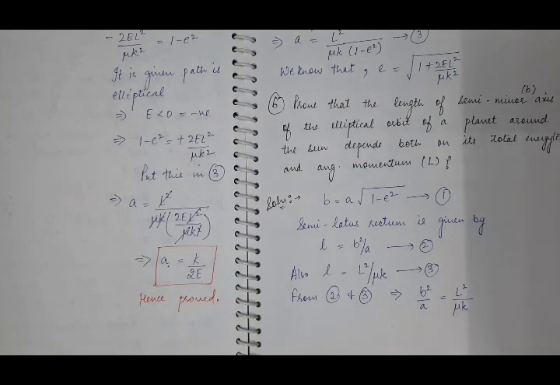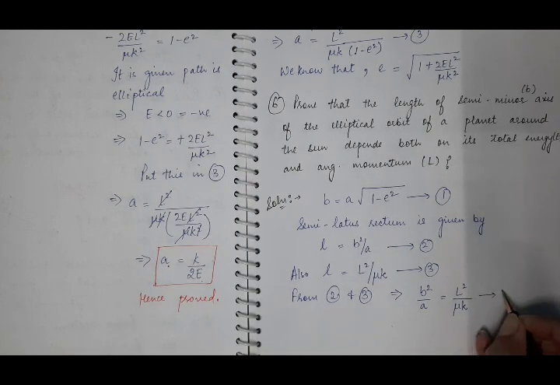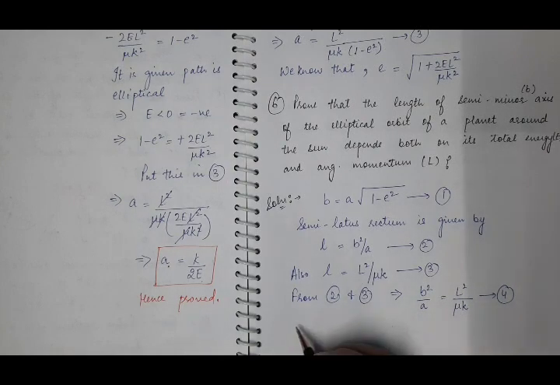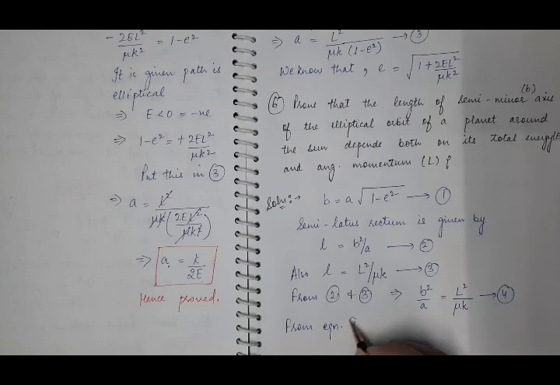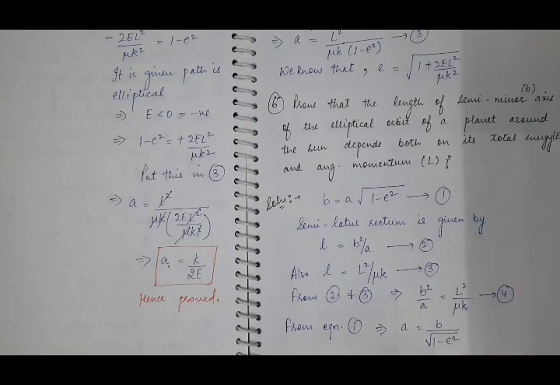So here, as we have to derive the expression for the value of b, it means we have to remove a. And how we can remove this a? From equation 1, put the value of a in this equation number 4th. So from equation 1, a will be b upon root 1 minus e square. And put this value of a in equation 4th.